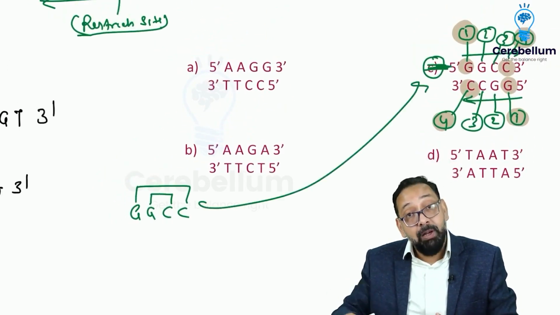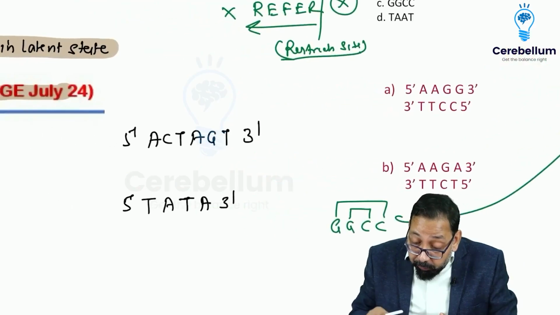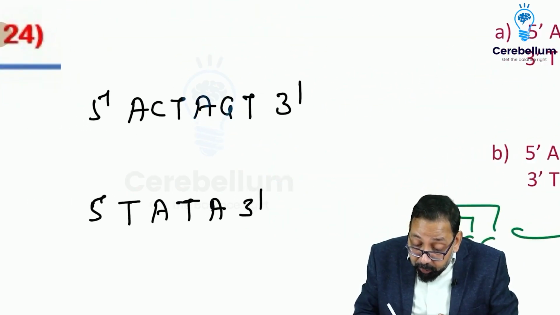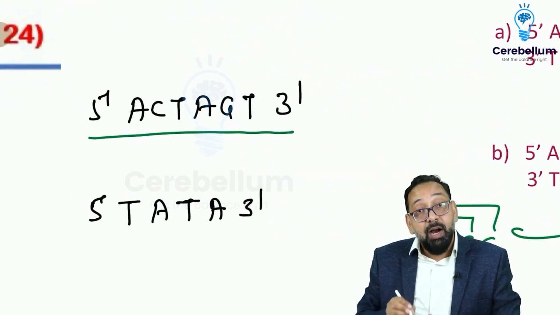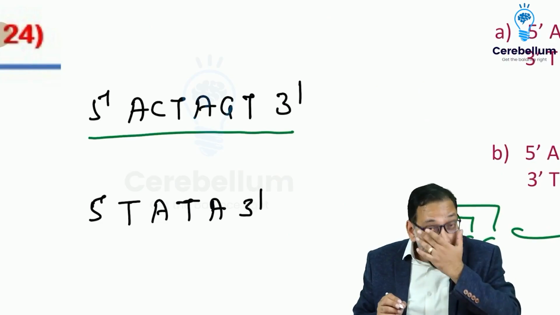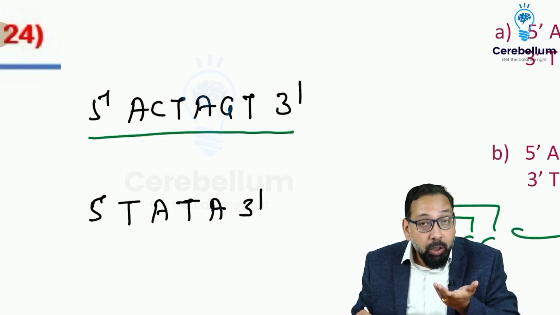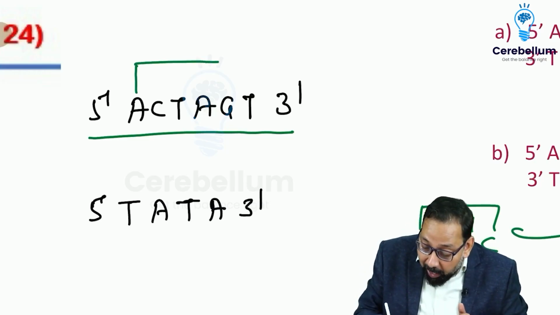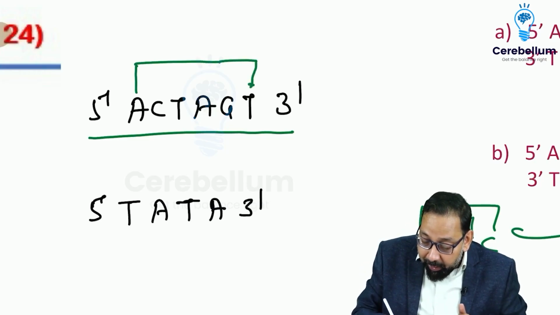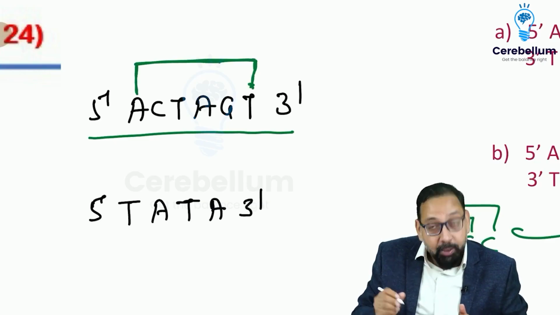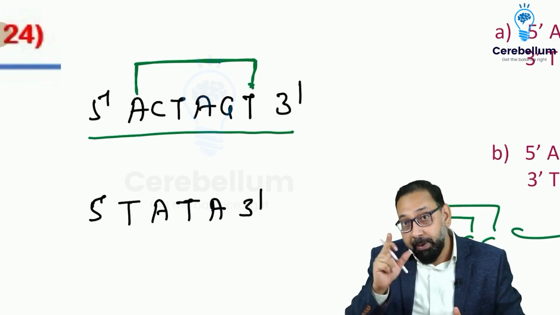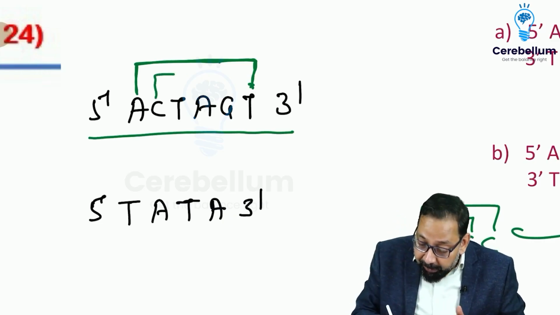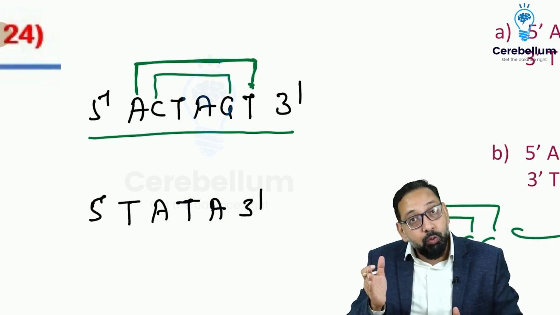I give you example. We found that this question was asked. They asked, is this palindrome? Yes, you will apply the base pairing rule. First and the last nucleotide, A normally base pair with T. So base pairing rule is followed. A pair with T. C pair with G. Yes, base pairing rule is followed.